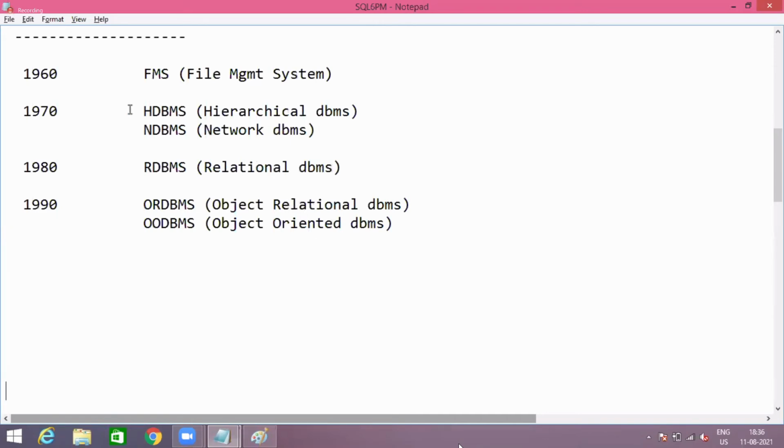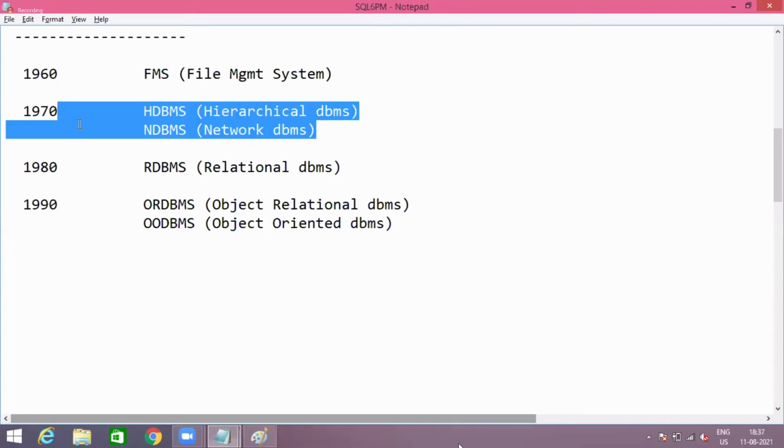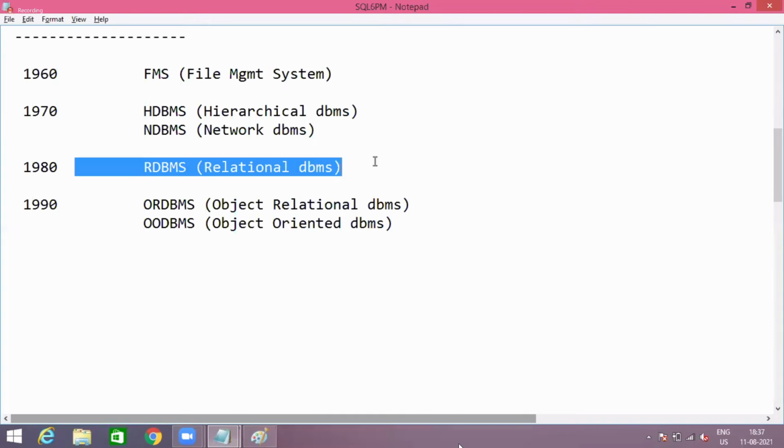In hierarchical, data is organized in a tree structure. In NDBMS, data is organized in nodes. They are not popular because they are complex systems. When RDBMS was introduced, it simplified storage and simplified accessing.